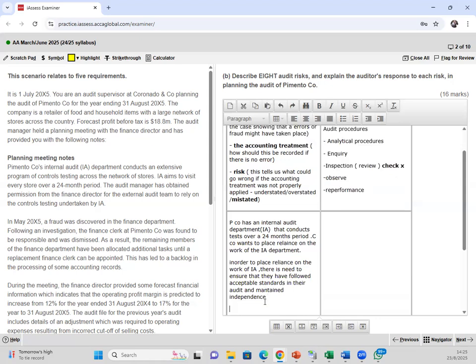So there is need to ensure that they followed acceptable standards and maintained independence. Or there is need to ensure the effectiveness of the audit. We need to ensure that the audit was being done effectively. Now you're going to the risk now.